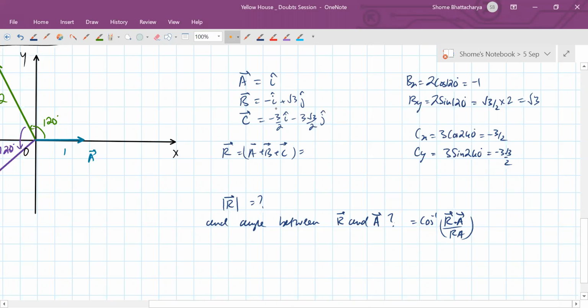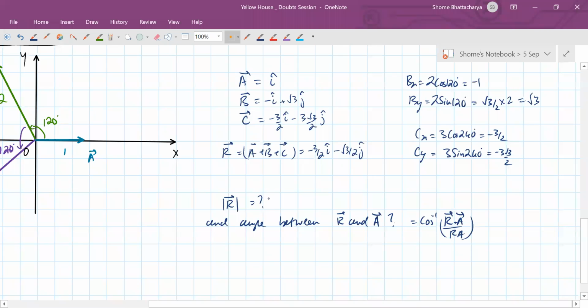So now adding these vectors, and you will see that the resultant is minus 3 by 2 I cap, and 1 minus 3 by 2 is minus half. So this will become minus root 3 by 2 j cap.